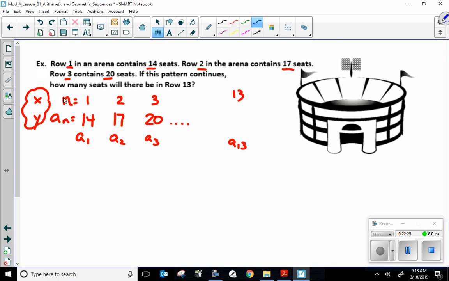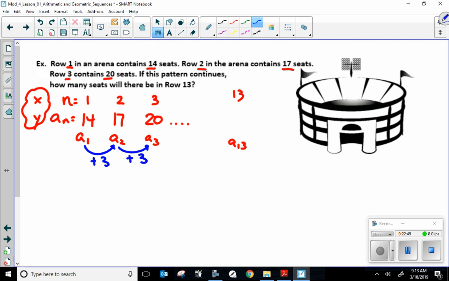It looks like all I got to do is add 3 to get to the next one. So in my calculator, I can add 3, 12 times to get to that 13th term. But if they tell you to show your work, I guess you would have to show all those numbers adding. And you can, but we know how to come up with a formula to find any term.